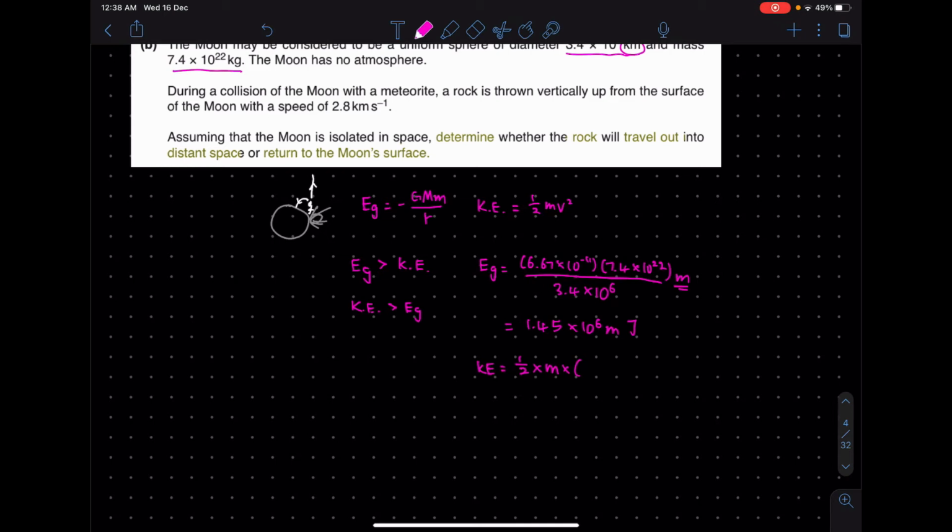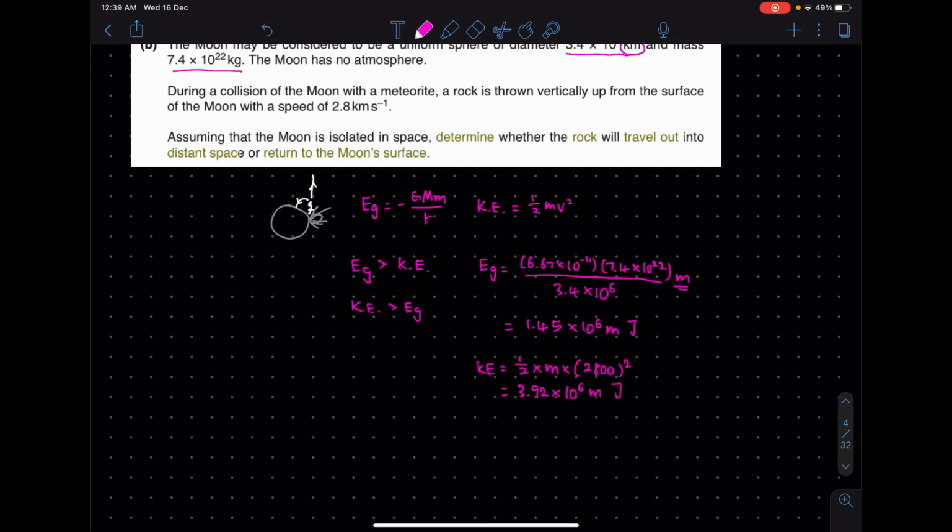So 2.8 multiplied by 1000, there will be 2800 meters per second squared. So this would give us a very nice answer of 3.92 times 10 to the power 6 m joules.